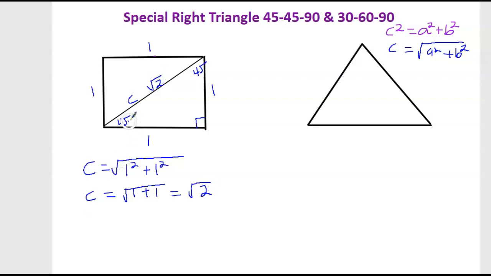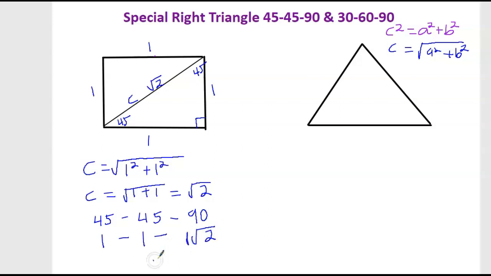We can say that anytime we have 45-45-90, it comes with the ratio 1 to 1 to square root of 2. But let me put 1 here, so we assume that there is 1.